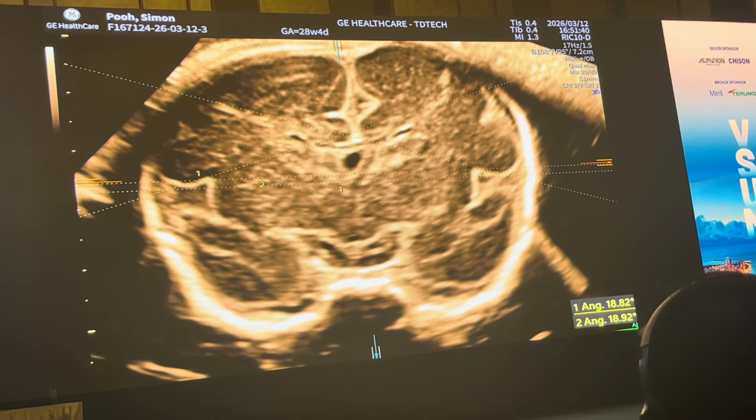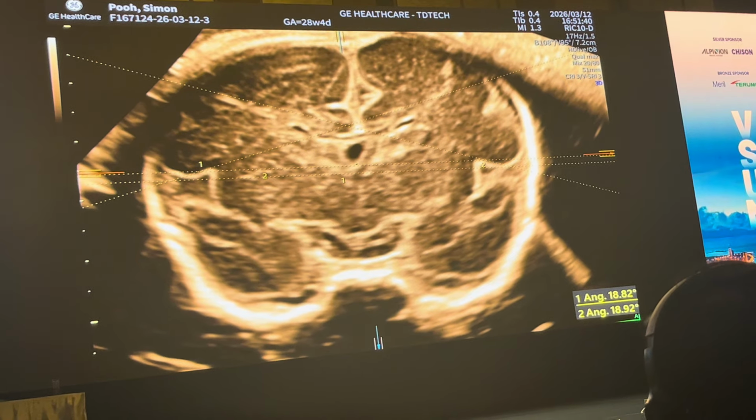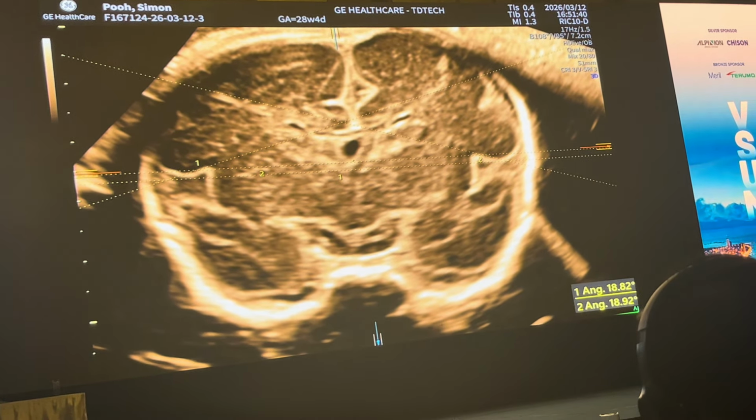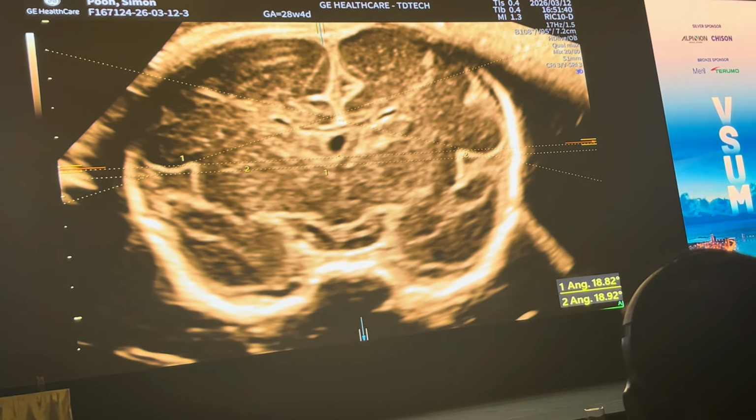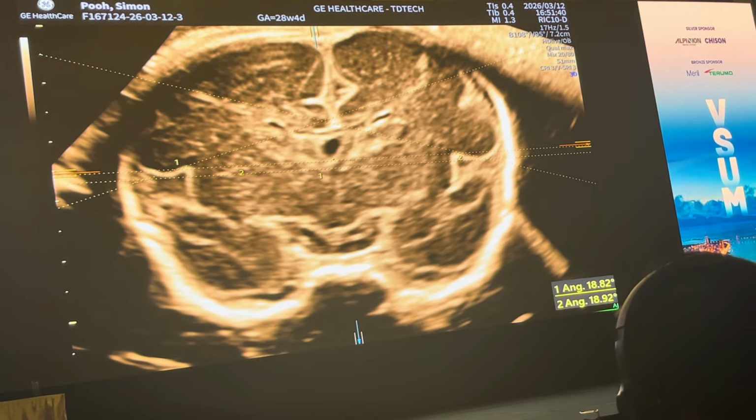That's very helpful to see the technique of Ritsuko. So the first line goes perpendicular in a straight line from left to right, 3 o'clock to 9 o'clock. And then the second line goes along the upper line of the Sylvian fissure.